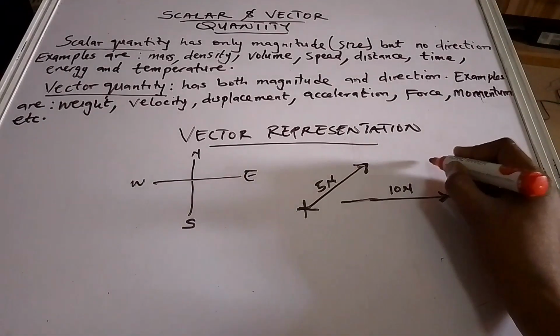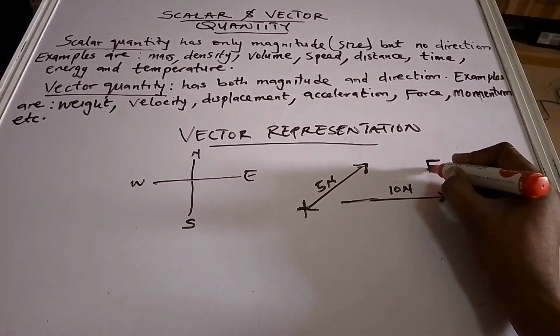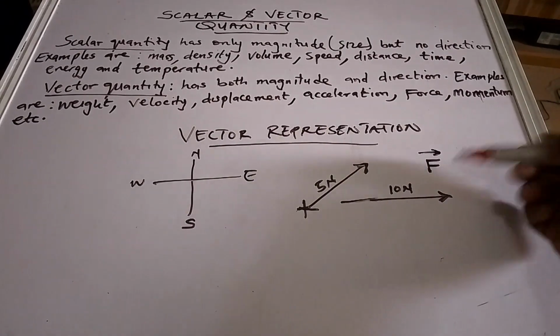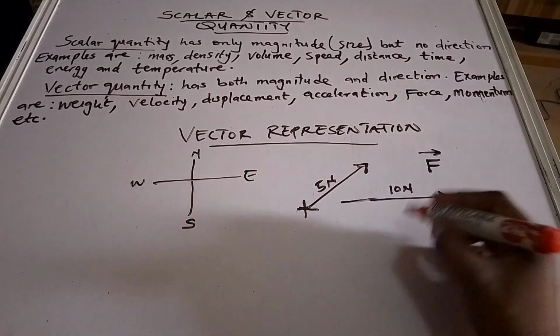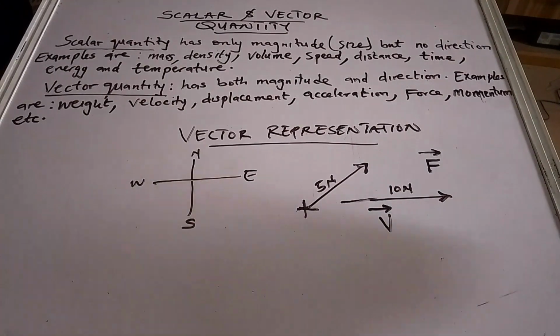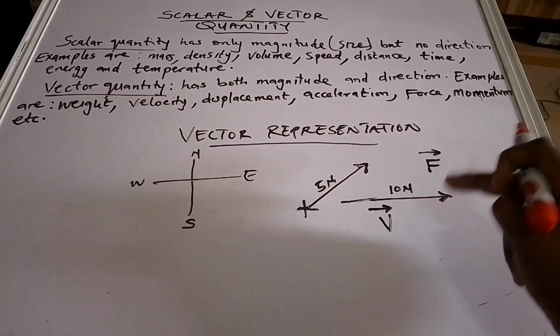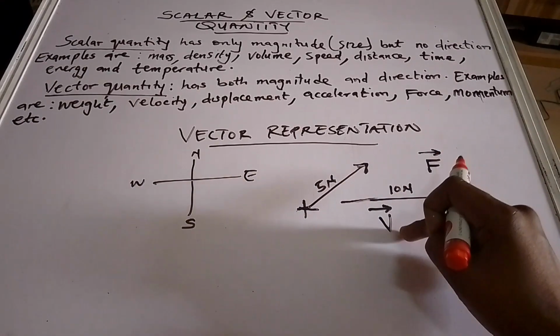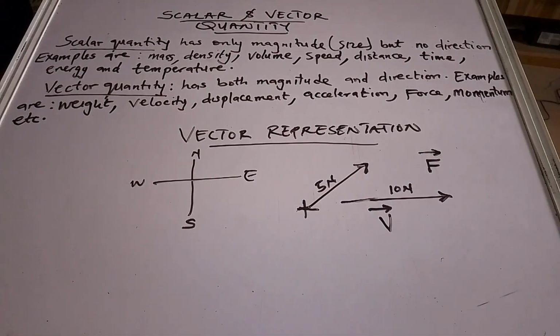Most of the time, if I want to write force and represent it as a vector quantity, I put an arrow at the top. The arrow I'm putting is to tell us that it's a vector quantity. If I write velocity and I put an arrow at the top, what I'm telling us is that this velocity is a vector quantity. So this arrow, the line and the arrow, indicates that the quantity I'm talking about is a vector quantity.